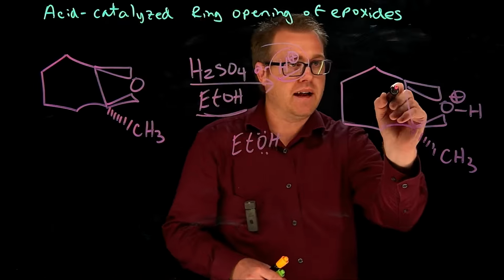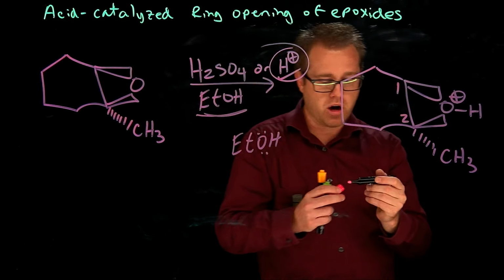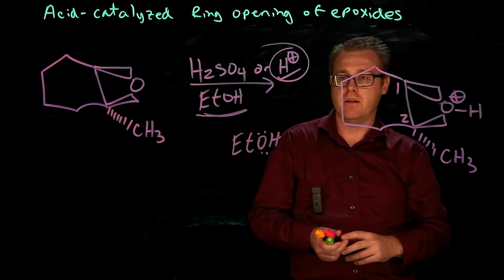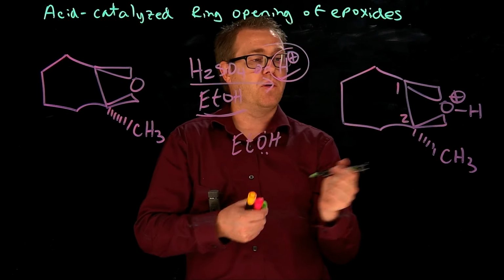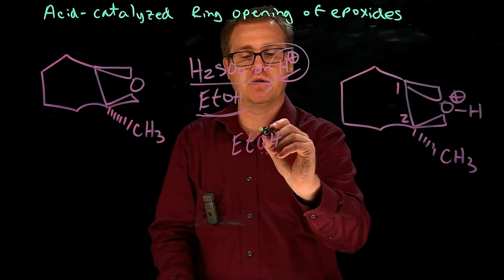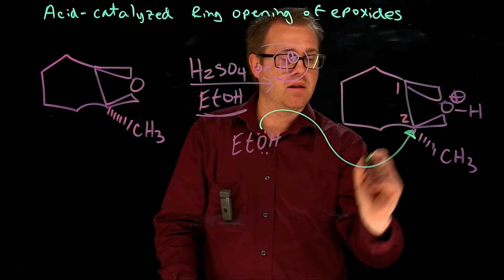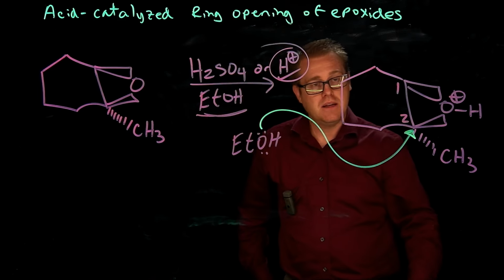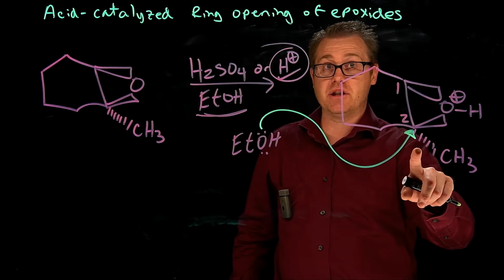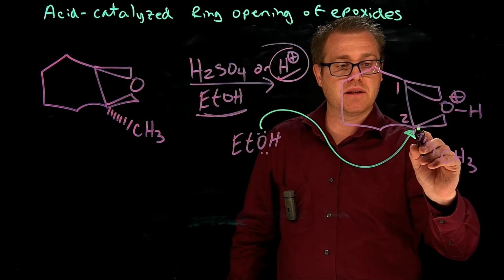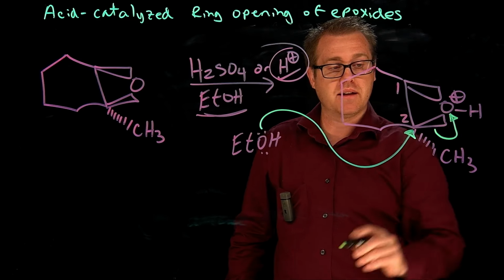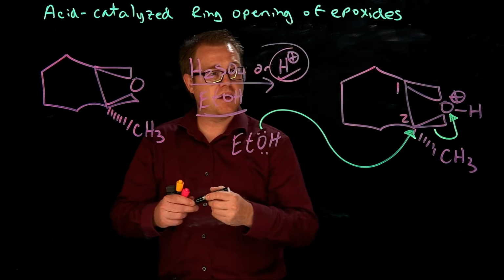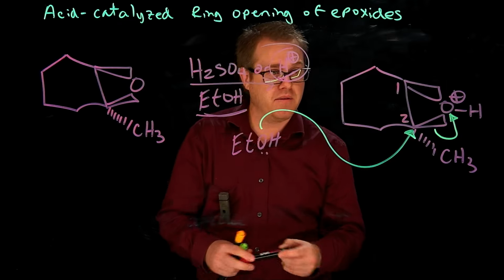So is it going to attack carbon 1 or carbon 2? Well, this is protonated, so that means the weak nucleophile is going to attack the more substituted carbon, right there, okay? Now, when that attacks, it's going SN2 style, so that means this carbon-oxygen bond right here has to break, like so. And so what's the stereochemical outcome of this?